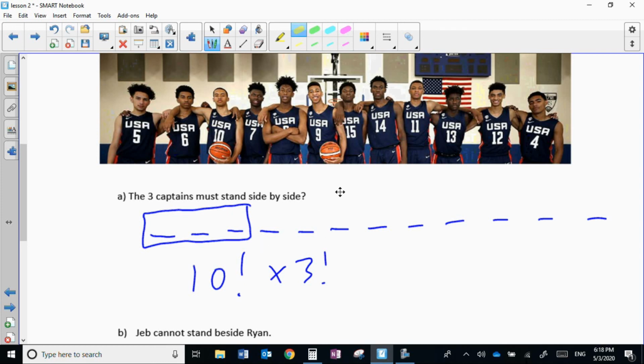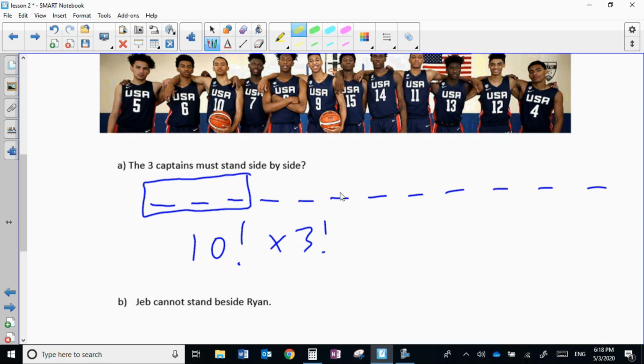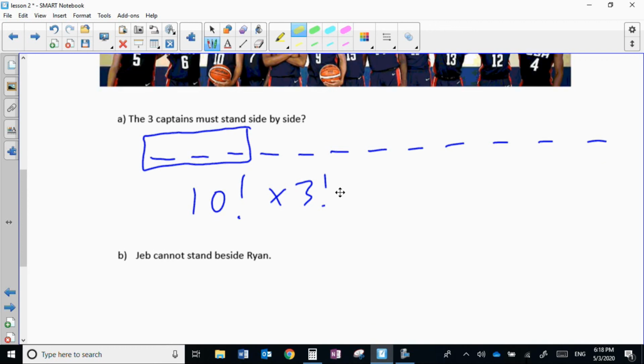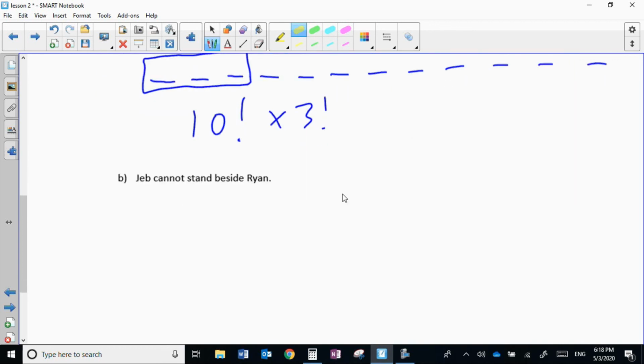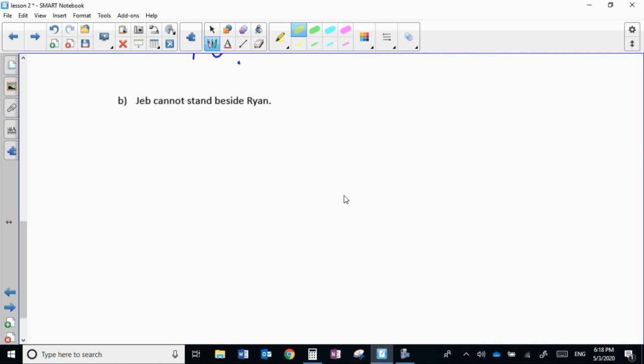For our last example, assume that there are 2 players, Jeb and Ryan, and they do not want to stand beside each other. That's kind of a difficult question. So just like with some other probability examples, my suggestion is that you think about the complement. Think about the opposite case. In this case, it's easier to think about them standing together.